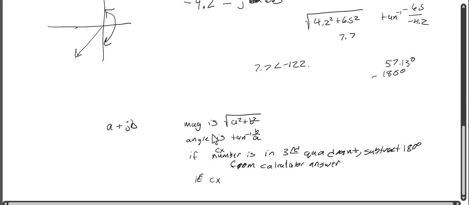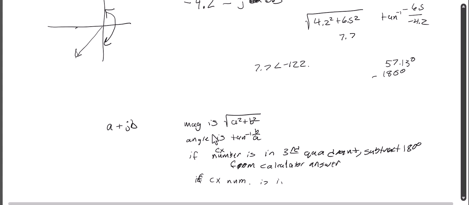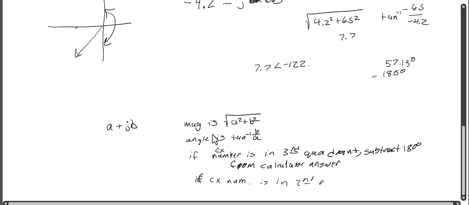If the complex number is in the second quadrant, add 180 degrees to the calculator answer.